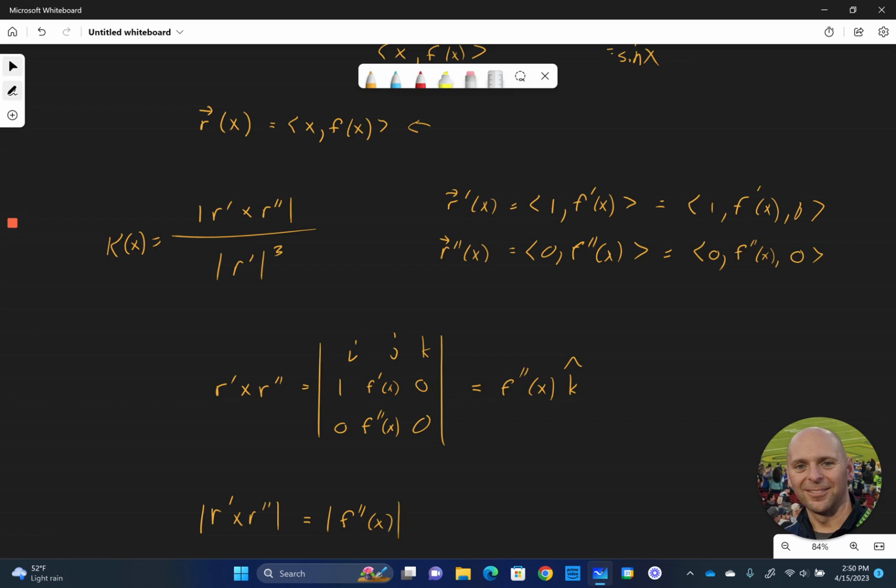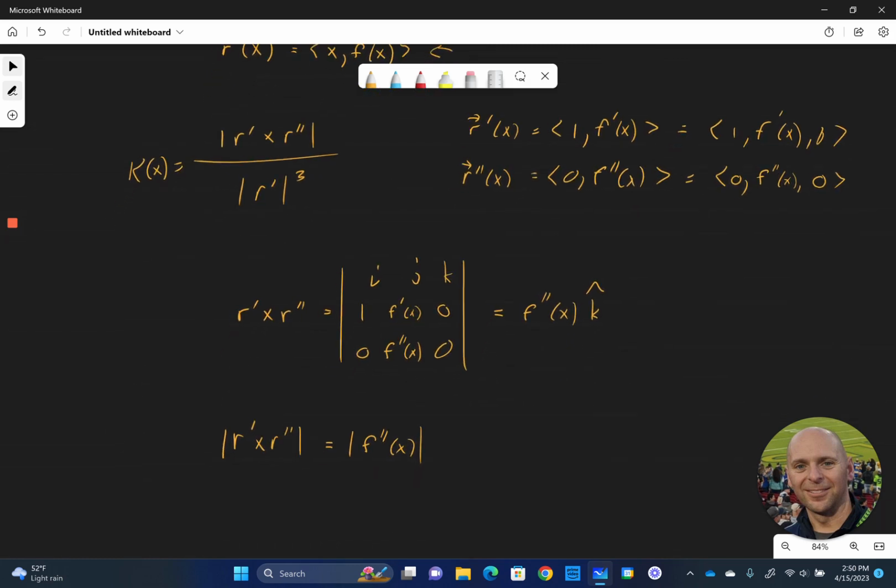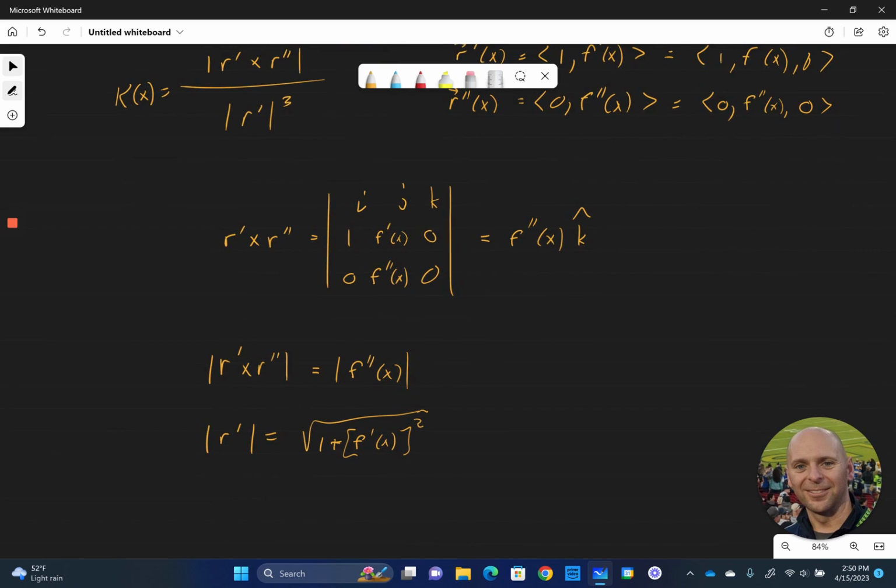Okay, so now we need the magnitude of r prime. We already know what r prime is, so we would take that and compute it. Here's our r prime. So we're going to take the square root of 1 plus f prime of x squared, square rooted. So that's our r prime magnitude.